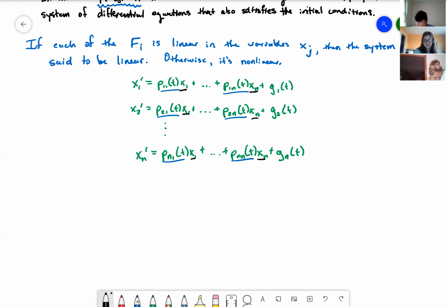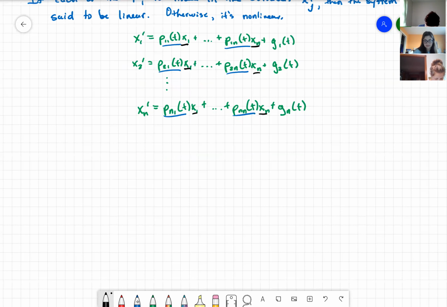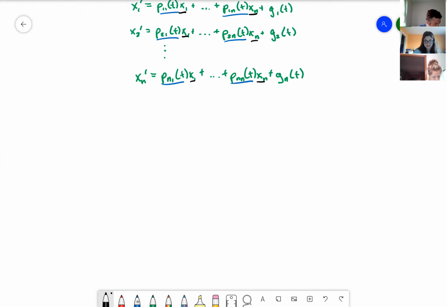Okay, there's a special form of the existence and uniqueness theorem for a system of linear ODEs. I'll just write theorem.